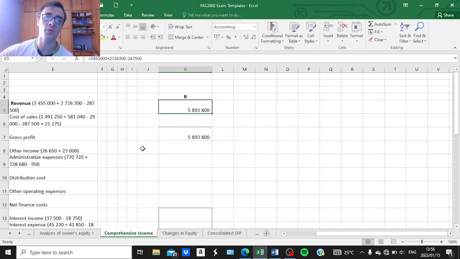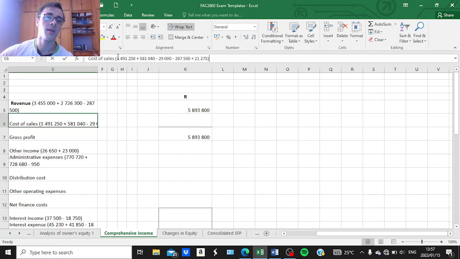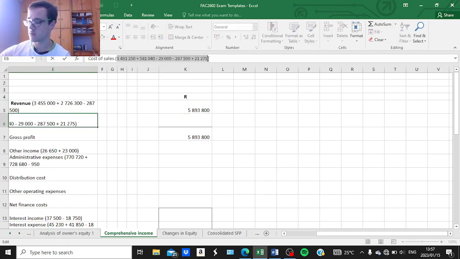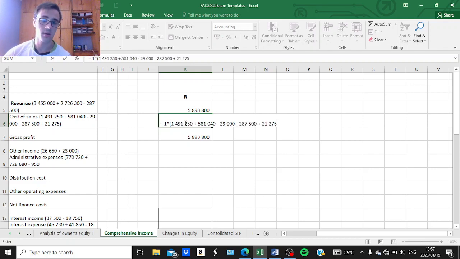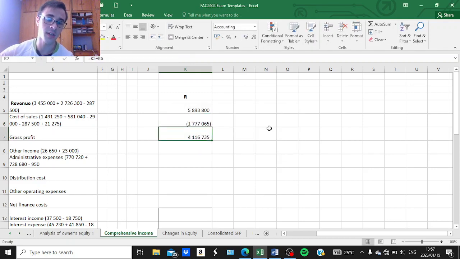Okay, so this is the amount for revenue for the group, 5,893,800. Then we go to cost of sales, which should be shown as a negative amount because it needs to be subtracted from the revenue amount in order to arrive at the gross profit, which is 4,116,735.